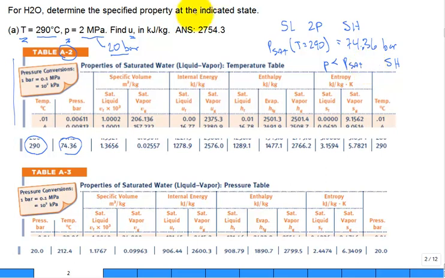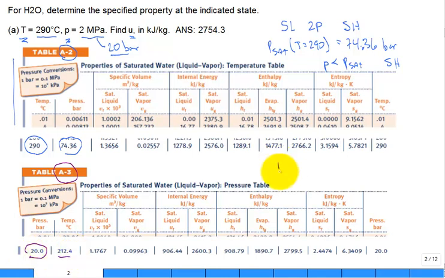We can do the same thing, focusing first on the pressure. So let's take a look at table A3. We look down at pressure until we find where the 20 bar is. Then we read off the saturation temperature.